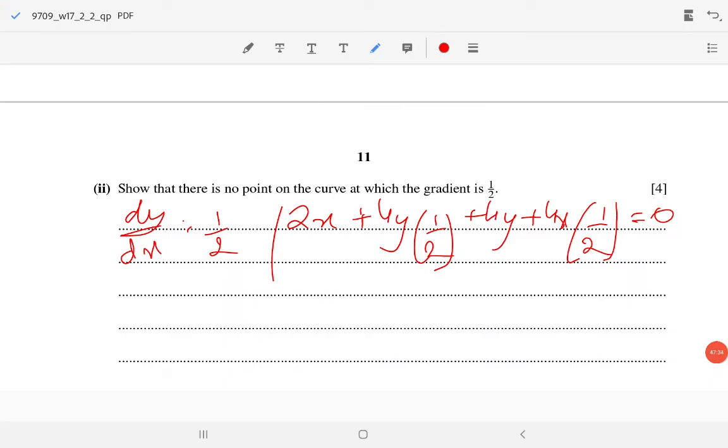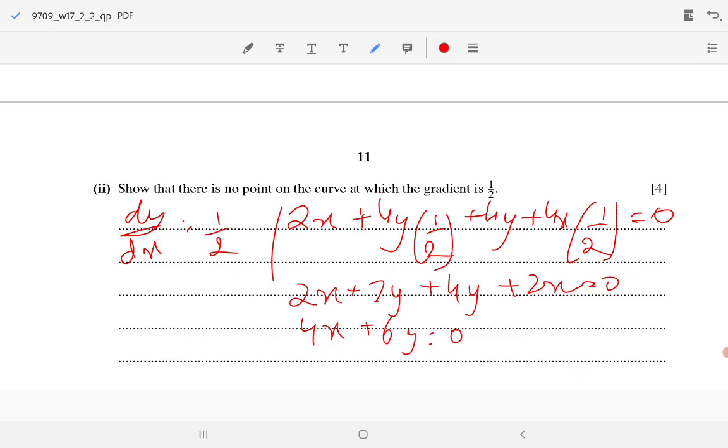If you simplify, you get 2x plus 2y plus 4y plus 2x equals 0. So 4x plus 6y is equal to 0.